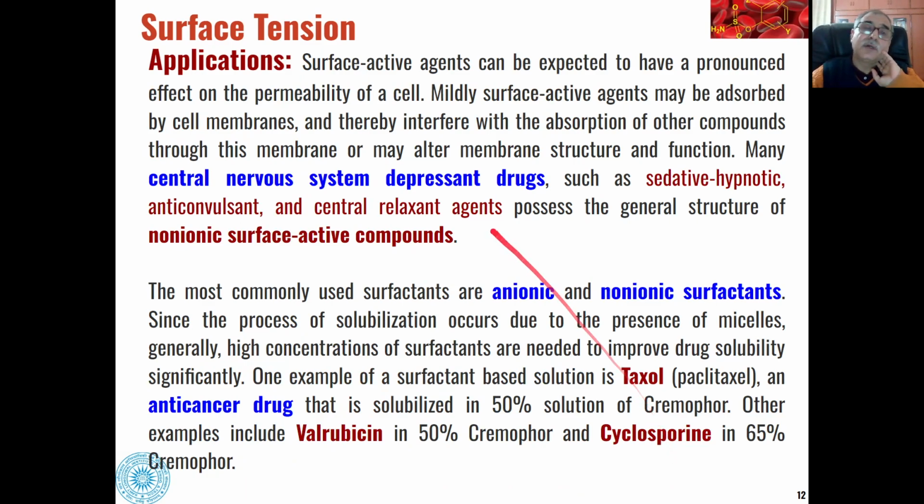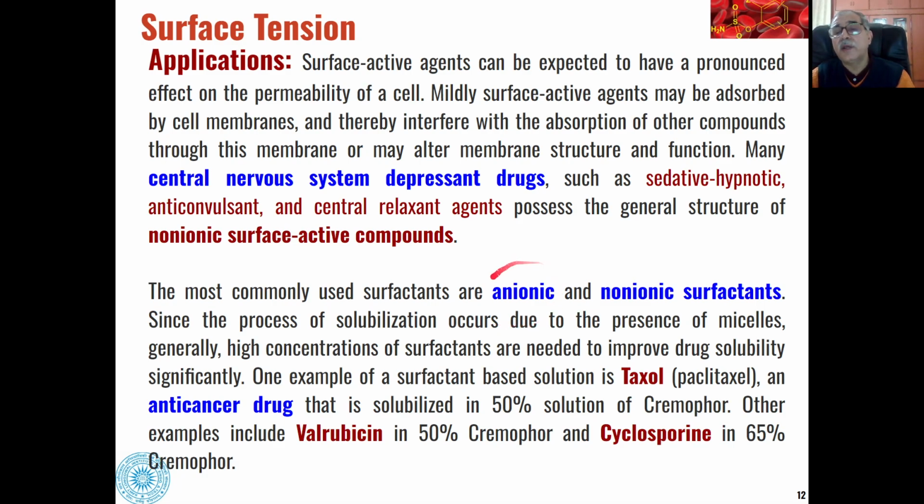Then surface active agents have also found application as central nervous system depressant drugs, such as sedatives or hypnotics, anticonvulsants, and central muscle relaxant agents. And generally, the non-ionic surface active compounds have been found to be effective central nervous system depressant drugs.